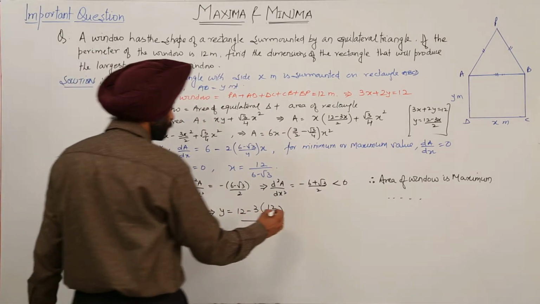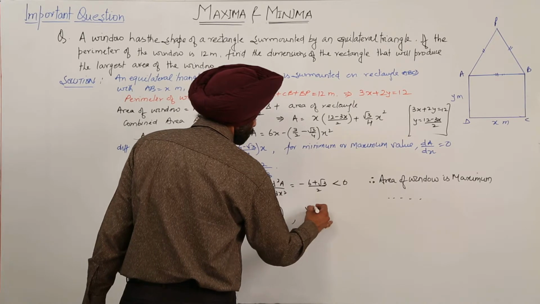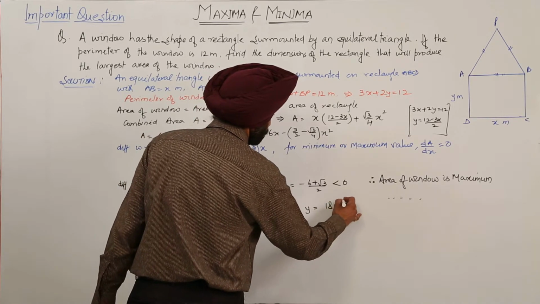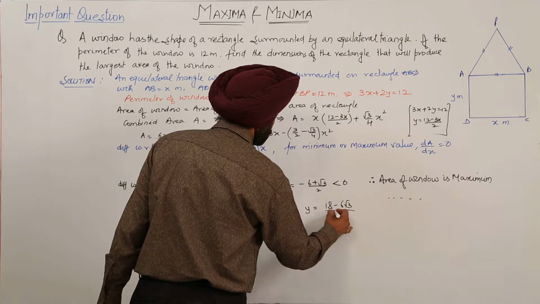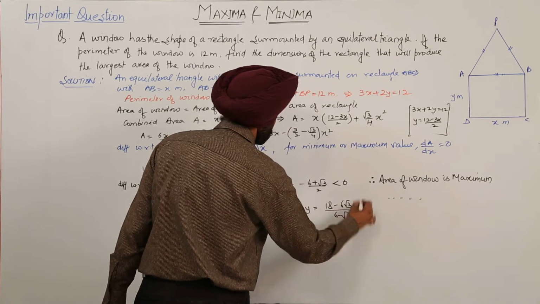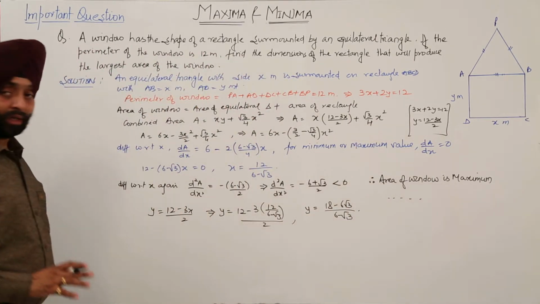On solving, we get y is equal to 18 minus 6 root 3 upon 6 minus root 3. Now we got x and y.